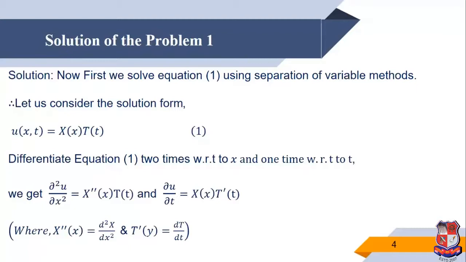So first we consider a solution form. Here x and t are independent variables. So u(x,t) is equal to X(x) T(t). Capital X is a function of x, capital T is a function of t. So we consider the equation.